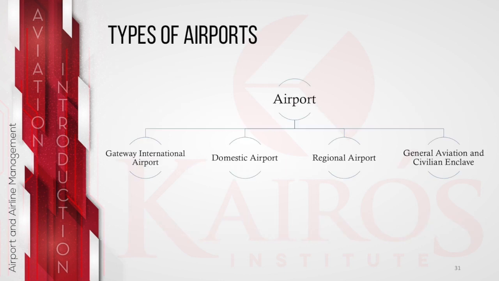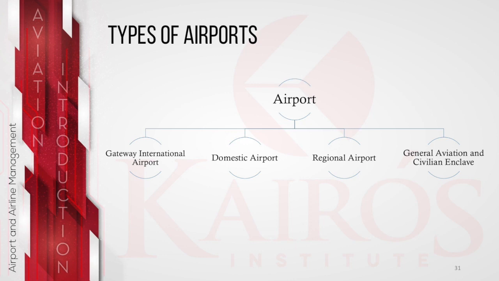Types of airports. Airports are generally classified into four: Gateway International Airport, Domestic Airport, Regional Airport, General Aviation and Civilian Enclave. Gateway International Airport is an airport with customs and border control facilities enabling passengers to travel between countries.